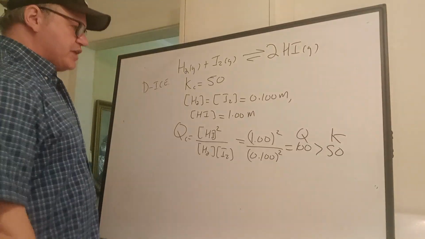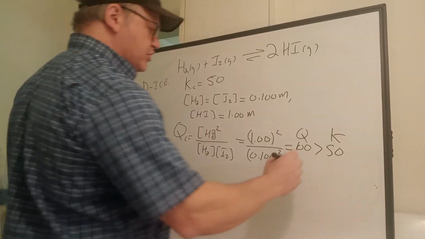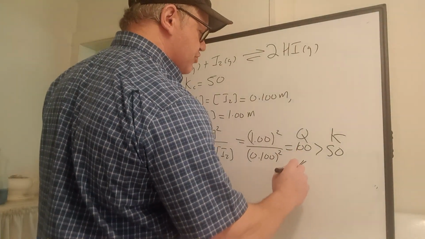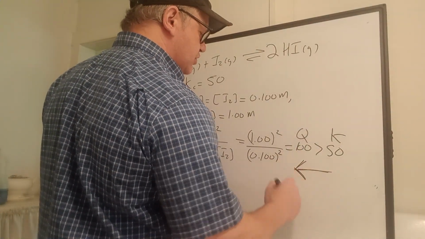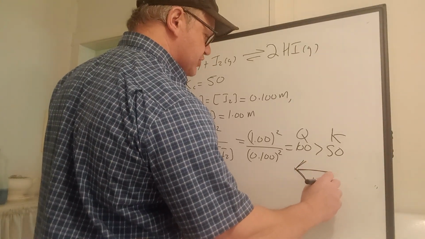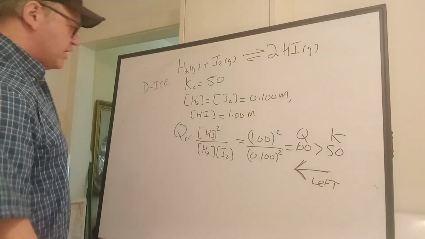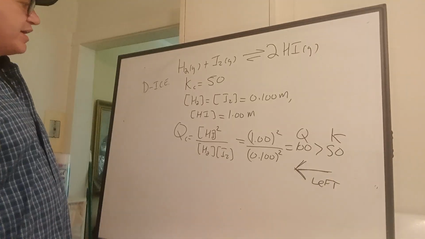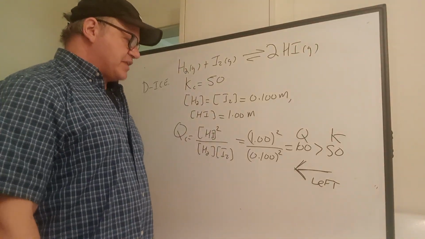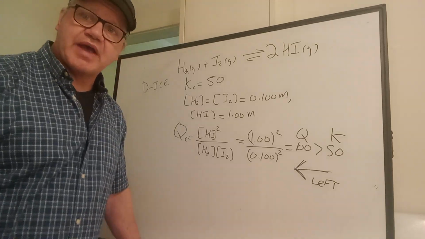So the big implication here, and this is a really important step, is that when Q is greater than K, we head left, away from products. We're heading left in the reaction. That sets us up. That's an important step. On an exam, that to me is a bigger deal than if you get the subsequent algebra correct.